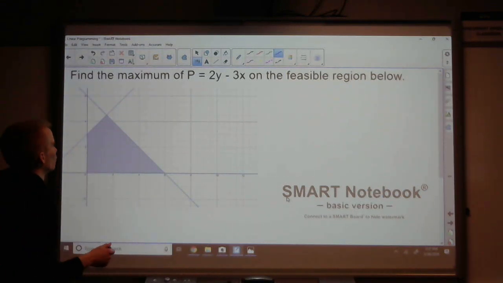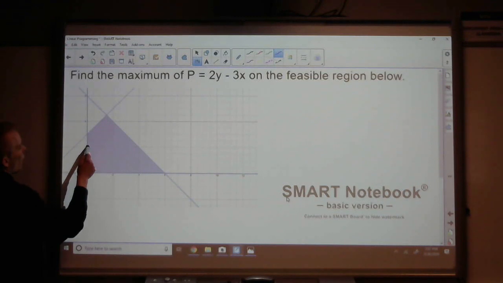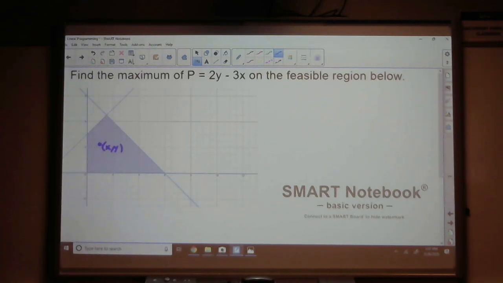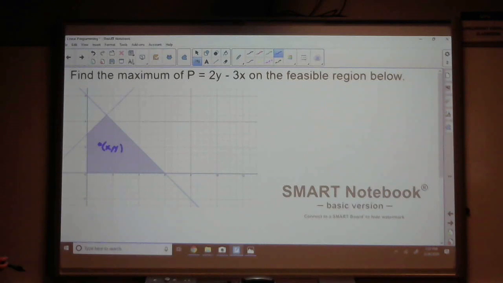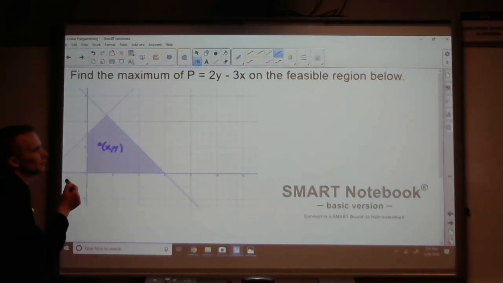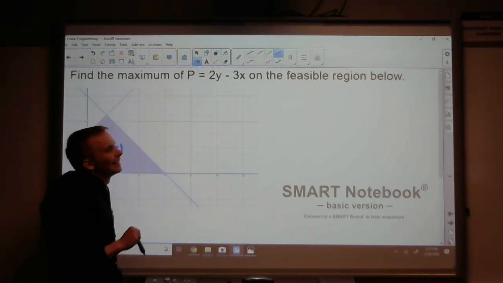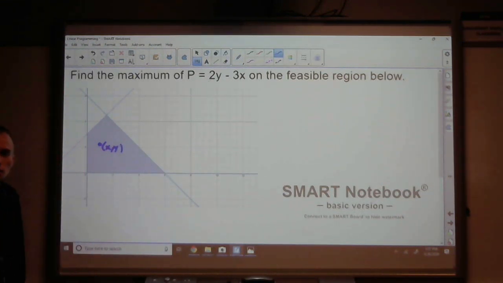It's just a function where, for any x and y, I pick a point x and y in this feasible region, including on these boundary lines. If I pick a point somewhere in this feasible region, I'm wondering what's the biggest that I can get out of this function by plugging in x and y.